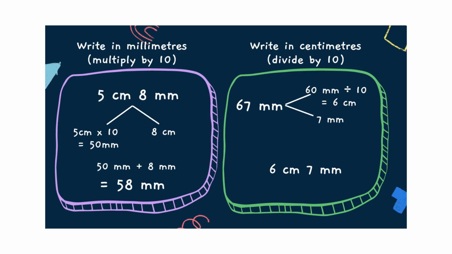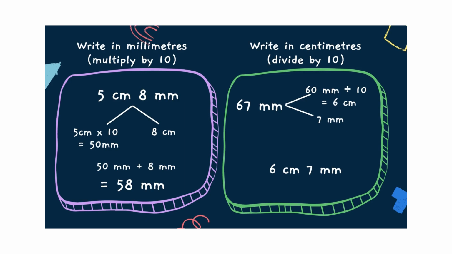Okay. Now, on the other side, on the green box here, you write in centimeters. Now, if writing in millimeters, you need to multiply the centimeter by 10. Now, to find centimeter, you divide the millimeter by 10.